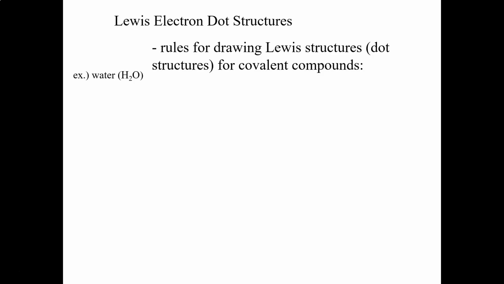It's really more steps than rules, but we'll break this down into steps so that you can draw out a correct Lewis structure for a molecule every time, no matter what. Now, we're going to use water. I know we've done water's structure already, but we're going to use that as our example just to show you how this works, and then we'll do some other ones also, okay?